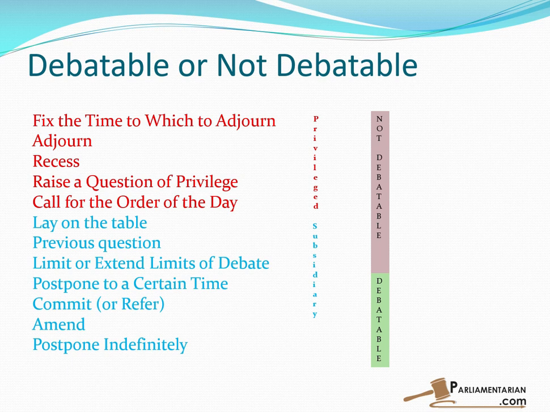As soon as someone raises a privileged motion, we have to consider it. It becomes the priority. It takes precedence over anything else that's happening. So to make that debatable would put too much power in the hands of the one person making the motion.